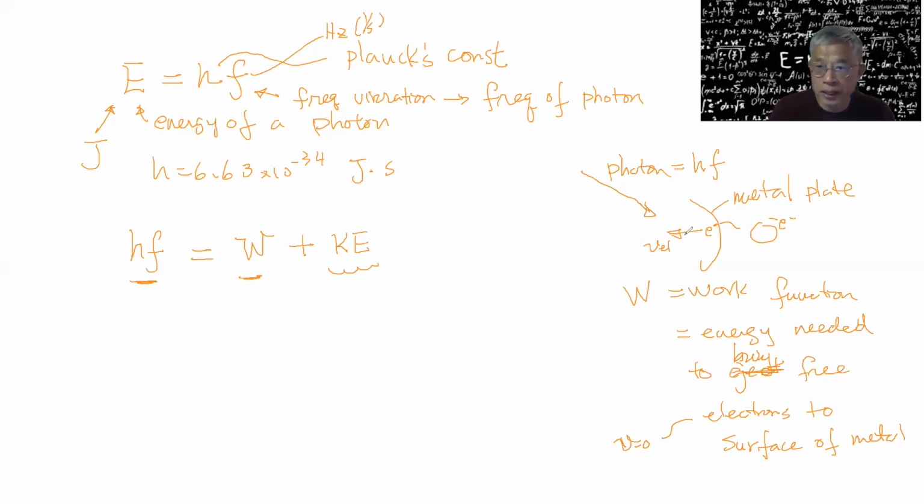So then this velocity gives the electron kinetic energy, and this energy will be equal to 1/2 m v squared, where m is the mass of the electron, which is 9.11 times 10 to the negative 31 kilogram, according to the electron experiment, and v is the velocity it has when it got ejected by the photon with the energy of hf.